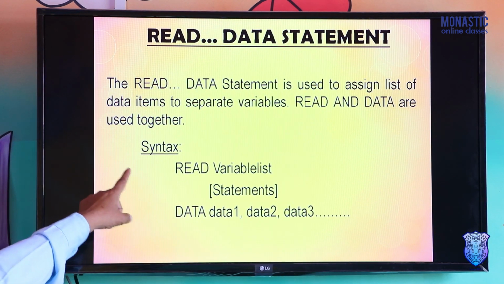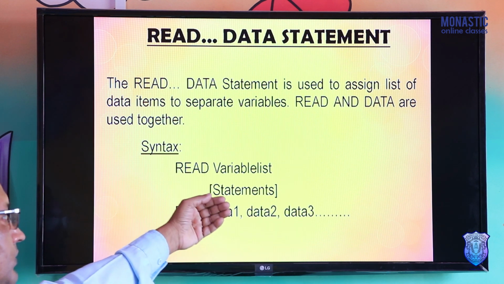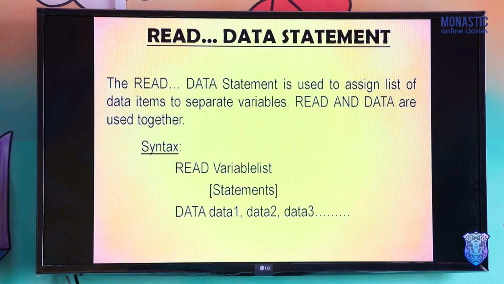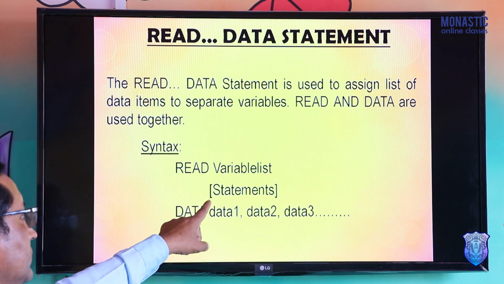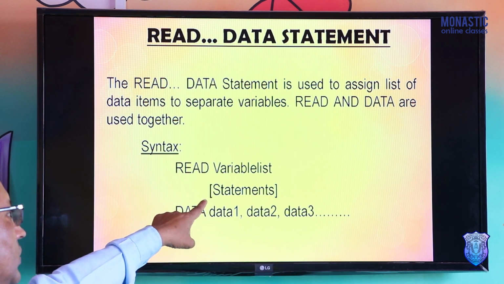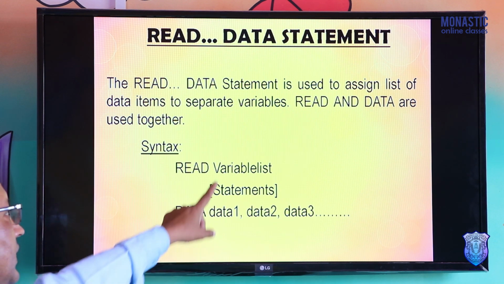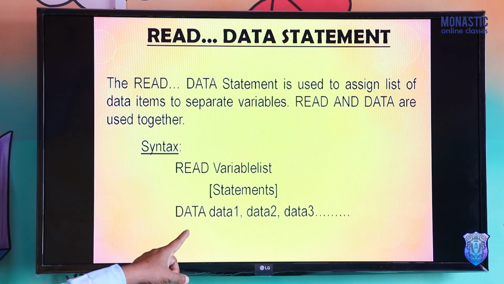The syntax is here. Read variable list. Variable list means more than one variable we can use together. After that, block of statements, meaning the work that we will do here. After that, the data is separated according to the respective variables.